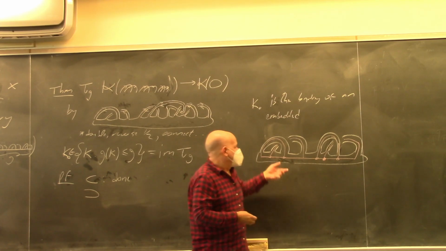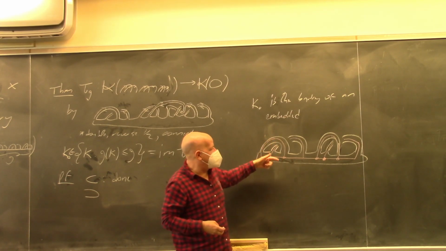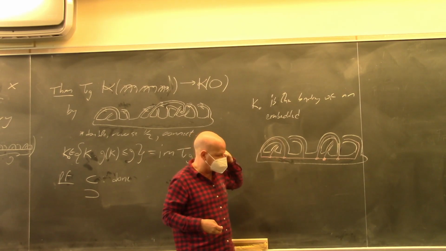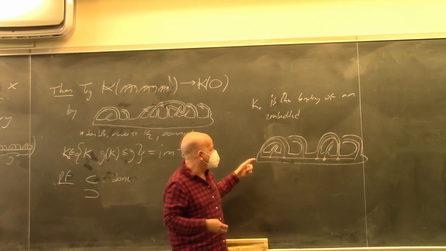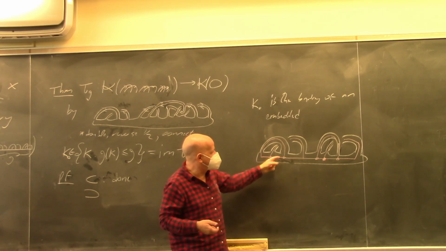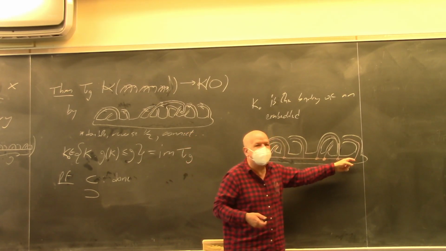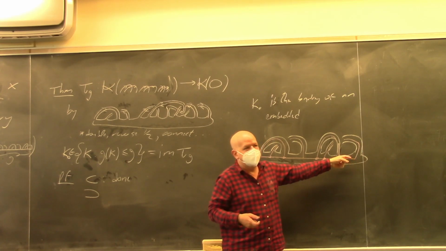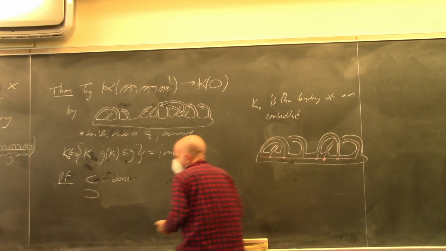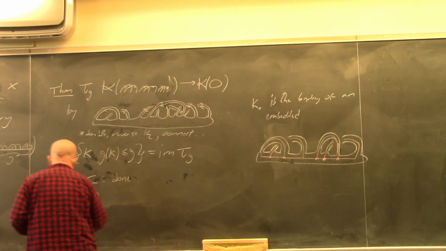Okay, so by applying some homeomorphism of R3, or by doing some motion, I could assume that this line is in fact straight. Okay? So this line and likewise a small neighborhood of it.